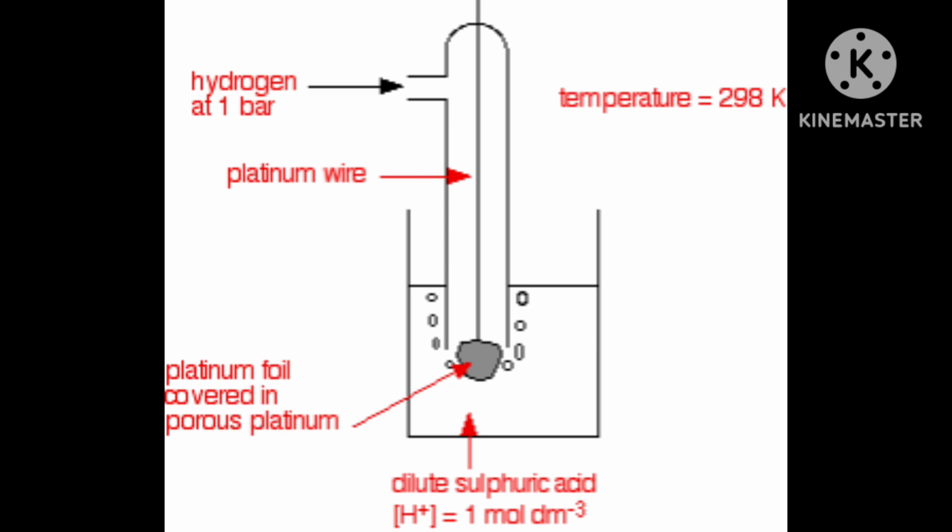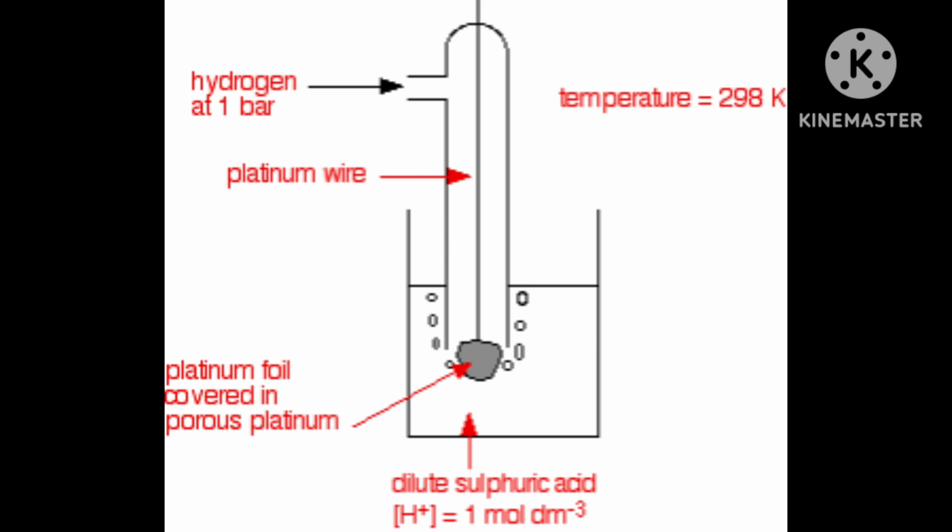When it became a cell, then E cell is equal to ER minus EL. If you join these two electrodes with a potentiometer, that will be highly sophisticated.